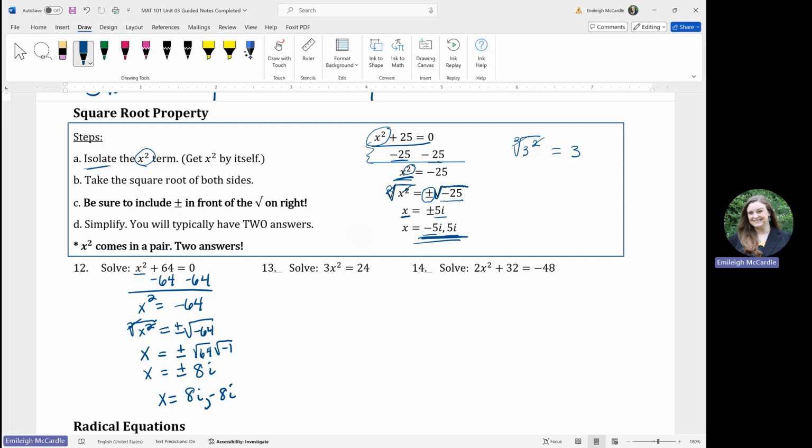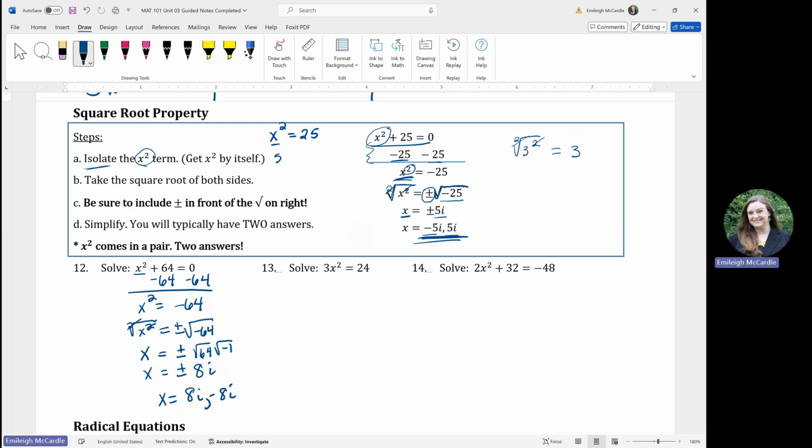So I want to take just a second and explain why the plus minus has to be put on there. Let me give you a very simple example. Let's say we've got x squared equals 25. What numbers can I put for x to give me 25? This is where it is similar to the absolute value a little bit.